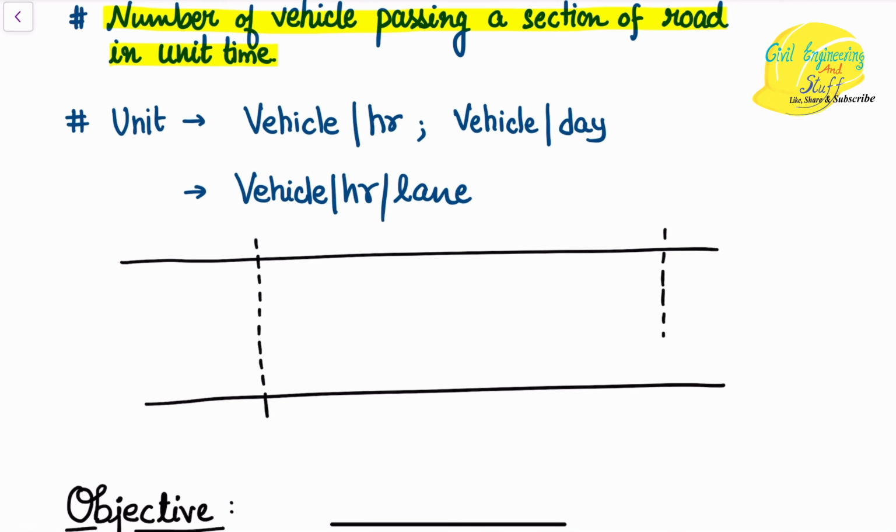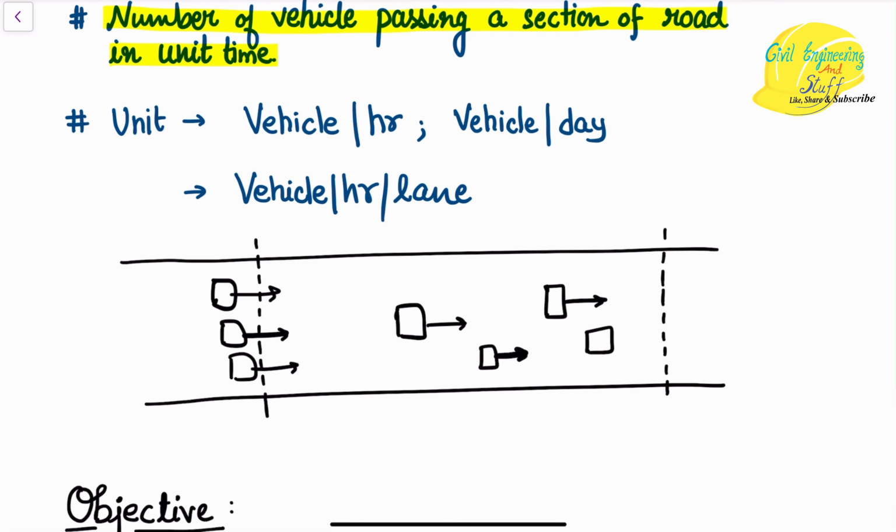We take the study section and we record the number of vehicles and the type of vehicles that are moving in the study section per unit time. Okay, so the total quantity of vehicles that are moving in the study section in a unit time.